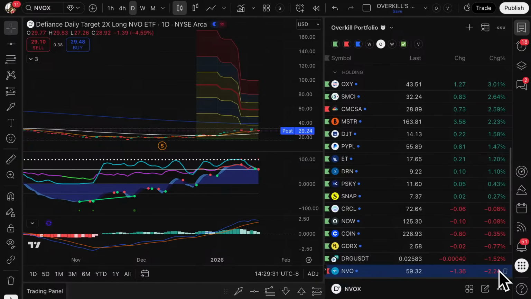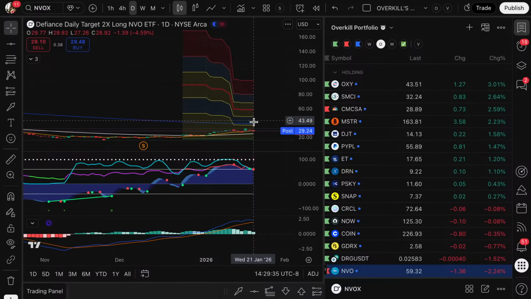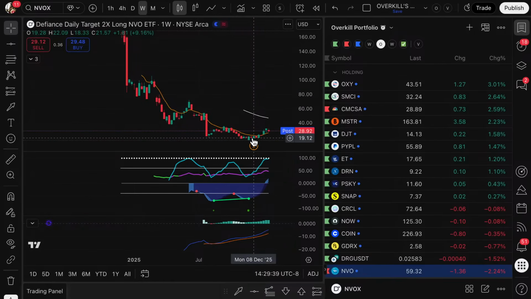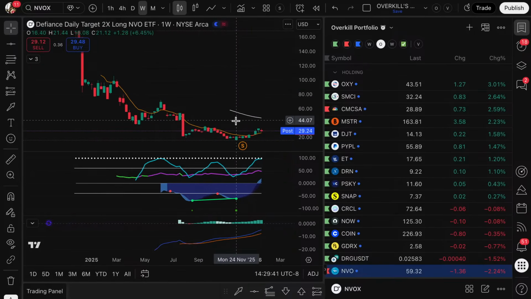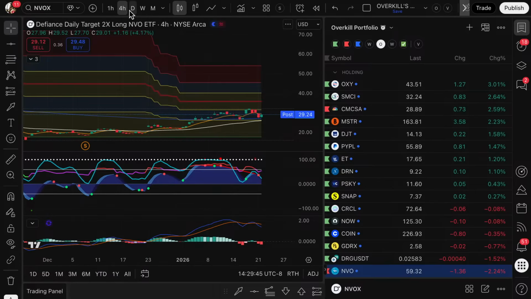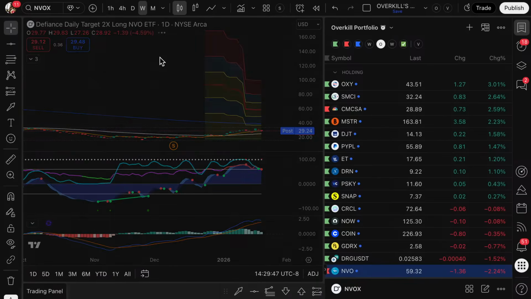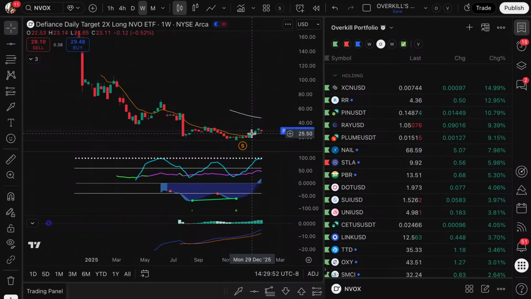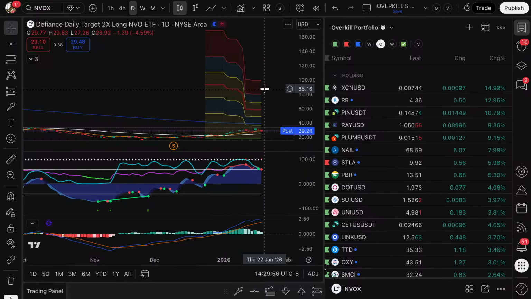So if NVO goes up 2% or down 2%, this goes up or down 4%. That's kind of how that works. And we were buying this one back here at like 20 bucks. So I was up 80% on that. I did take some profits off just because I was up 80%, but I wanted to rotate that into other positions. So we're still waiting for either a red dot on the weekly or this thing to pull back up here into the red zone there.